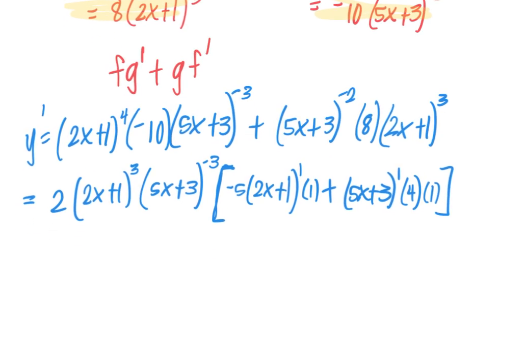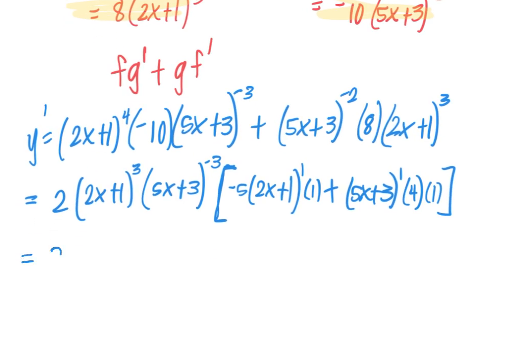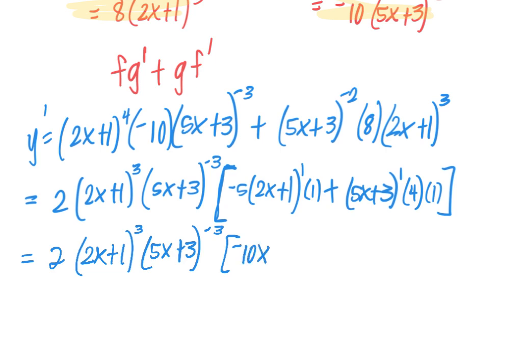So simplifying this down, I want to distribute inside of those brackets. And then I will combine like terms.